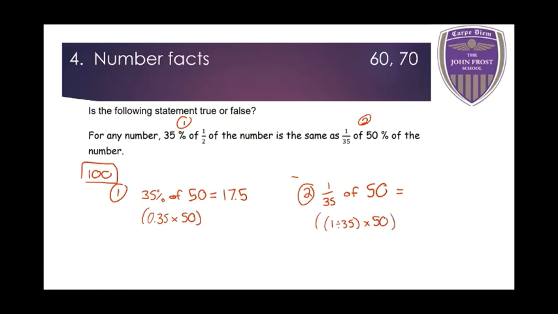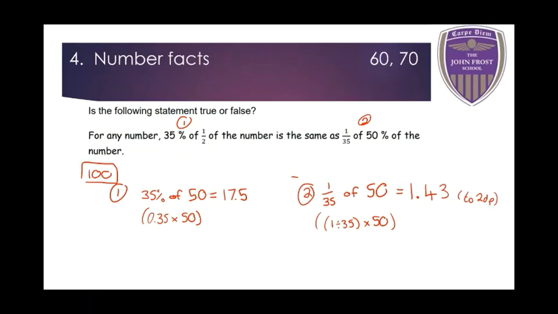Okay, and that will give you the same question up here. Okay, so do 1 divided by 35 times 50. Try again. 1 divided by 35 times 50. And that will give you 1.43. That's to 2 decimal places.